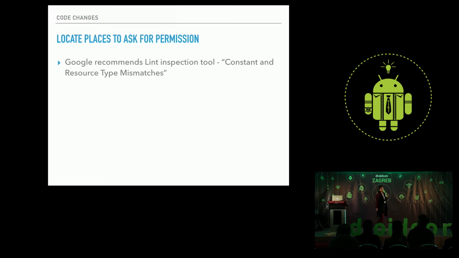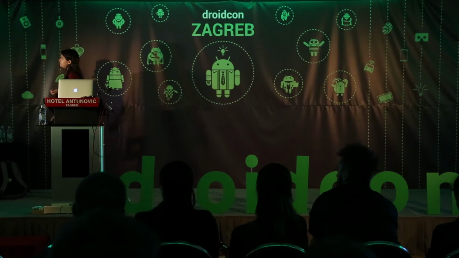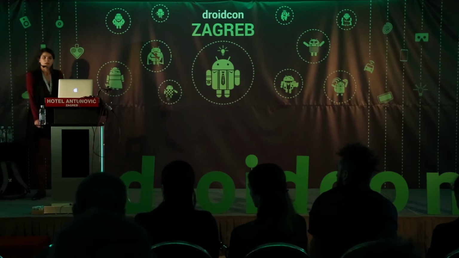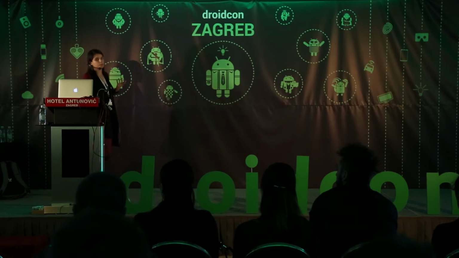It can be useful, but it's not 100% reliable, because Google implemented an annotation called RequiresPermission, but they still haven't put it on all protected APIs, so you might miss some places. There are some analyzer applications on the internet. I won't name them, but it's good to know that you can use them. And the third approach we used is actually testing. Based on your experience and knowledge of your code base, go to the application manifest and locate all the places where these dangerous permissions are used.